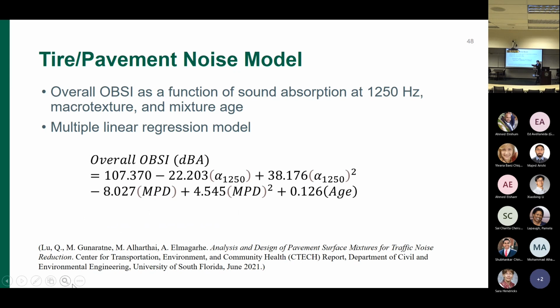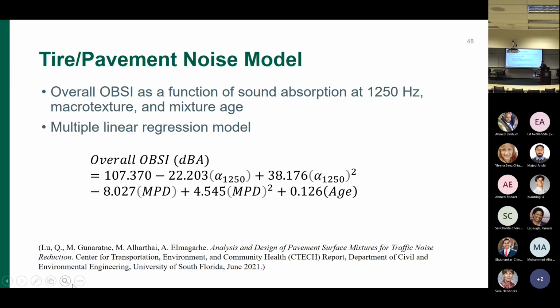Then we combine the model for the sound absorption and the model for the macrotexture, so that we can use these two parameters to predict the noise that is measured in the field in terms of sound intensity. Again, we use a multiple linear model for that. And this is the final model that we developed.